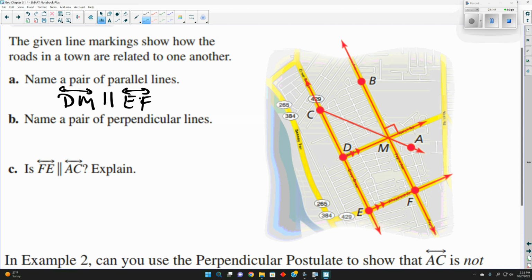Name a pair of perpendicular lines. So perpendicular lines intersect at what? A right angle, yes? So where's the only right angle marker that we have? BMA, at point M, yes? So one of those lines that goes through point M is BM. Our perpendicular marker is an upside down capital T. Perpendicular to what?